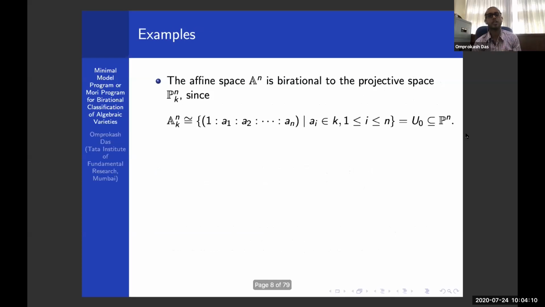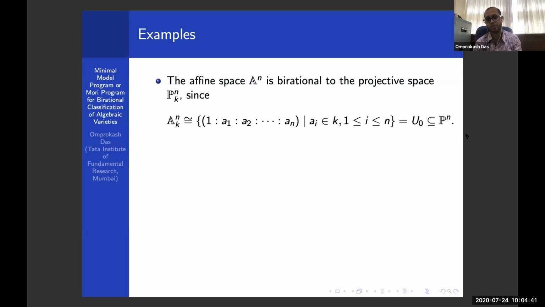So let's see some examples of birationality. Take affine space A^n, whose points look like (a1, a2, ..., an). I can give an isomorphism from A^n to an open subset of P^n. That open set is U0, where the first component is 1, that is, [1 : a1 : a2 : ... : an]. Since the first component is 1 in this coordinate system, I can allow a1, a2, ..., an all to be 0 at the same time.